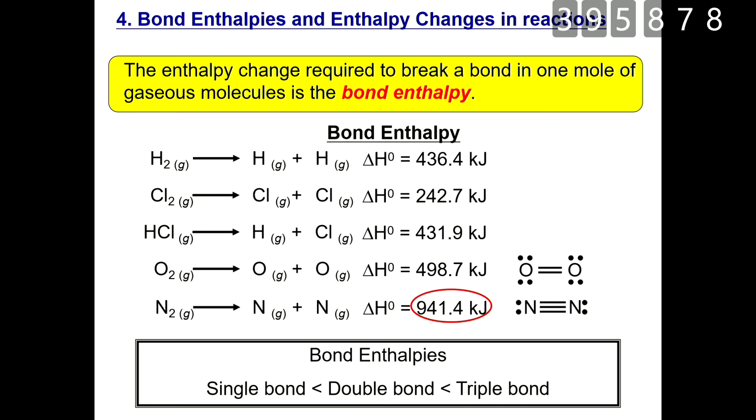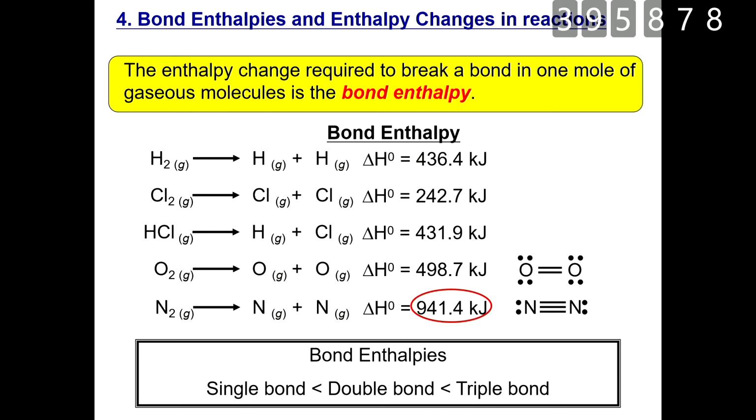So here is about bond enthalpies and enthalpy changes in reactions. So what is enthalpy change? Enthalpy is also an energy.